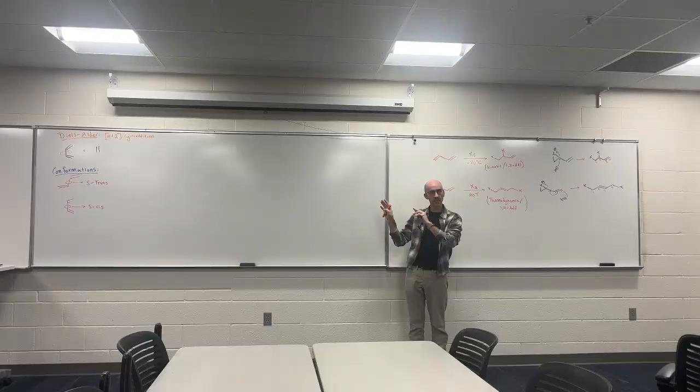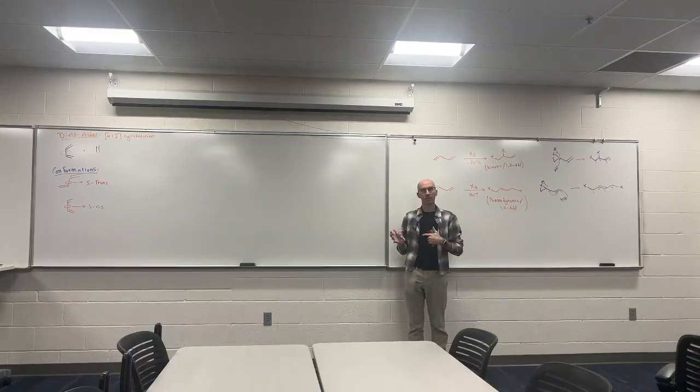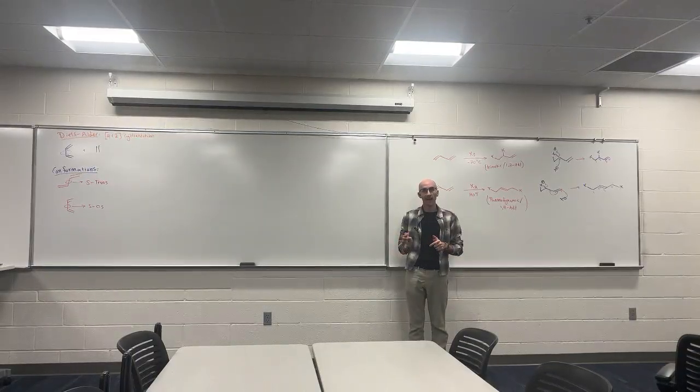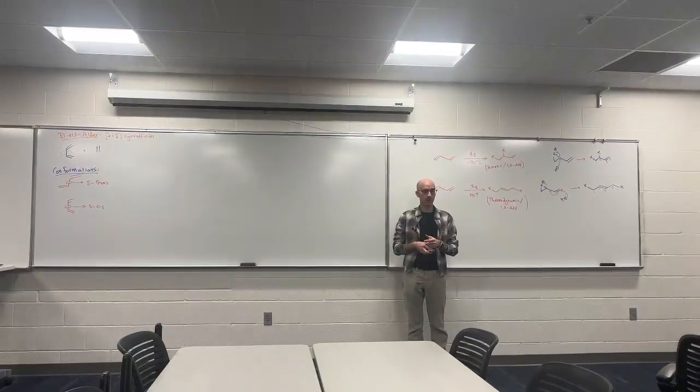And you can kind of see that in the structures now. There's a structure with 4 carbons. There's a structure with 2 carbons. And they are going to form a ring. This will be a cycloaddition reaction.